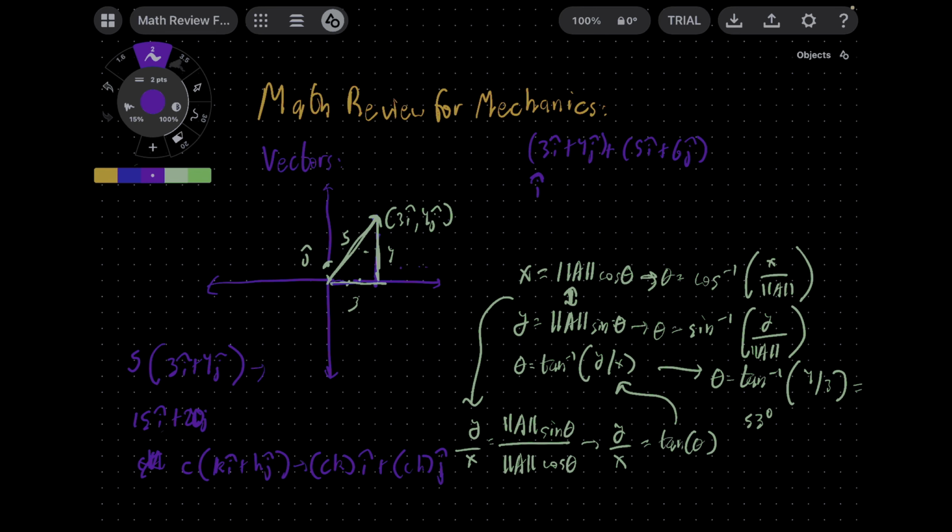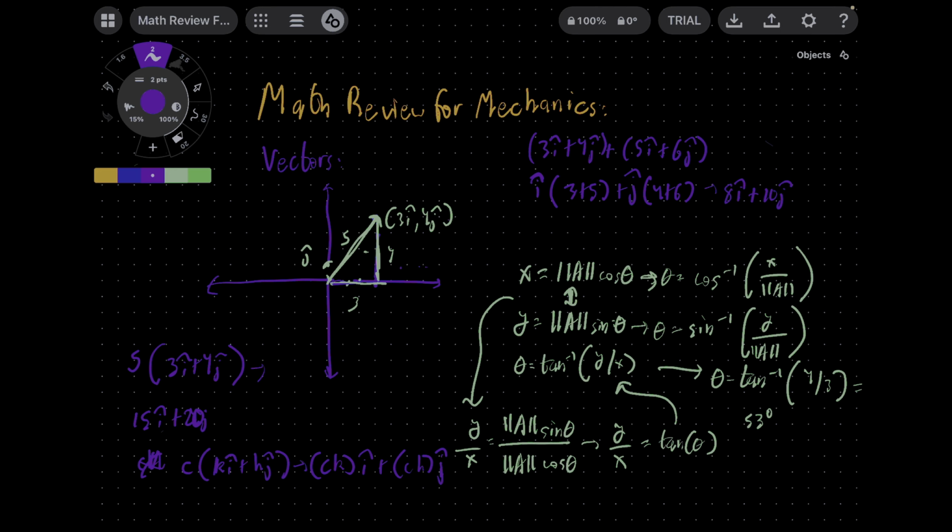So i hat multiplied by 3 plus 5, then plus j hat multiplied by 4 plus 6. You just add these up. So we get 8i hat plus 10j hat. There you go, that's how you add it all up.